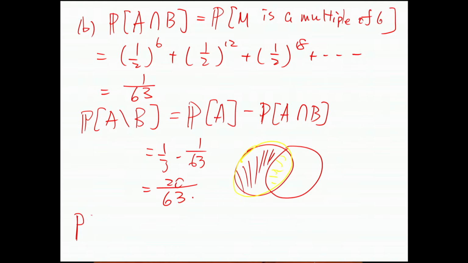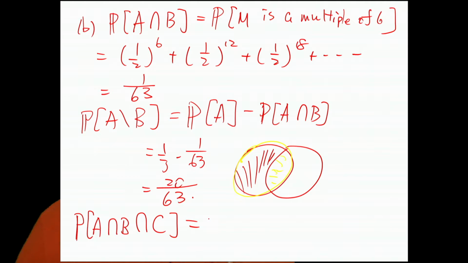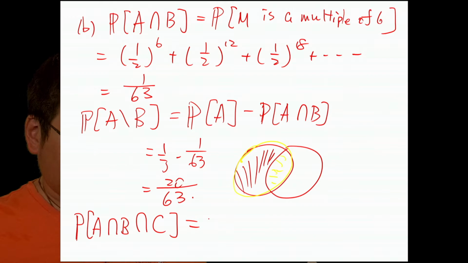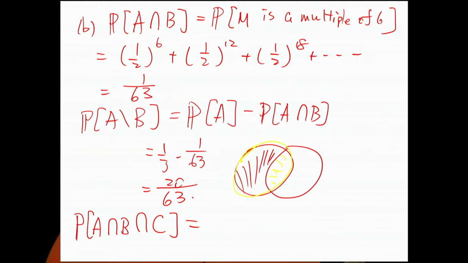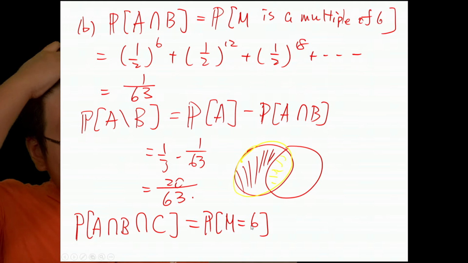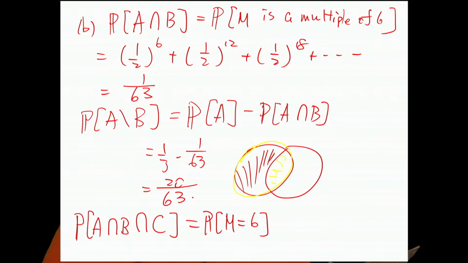And how about A intersection B intersection C? Because C is less than or equal to 6, finally the probability is just M equals 6. For example, A is 2, 4, 6, 8, and so on.